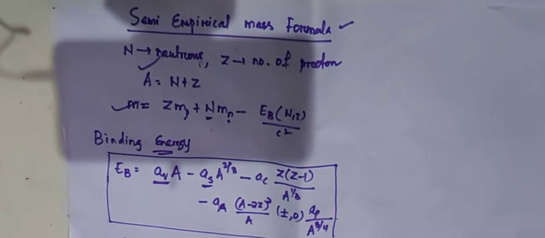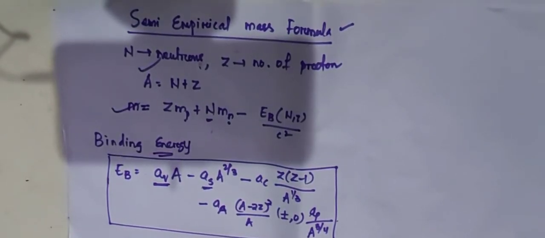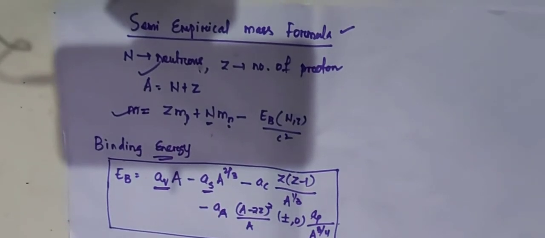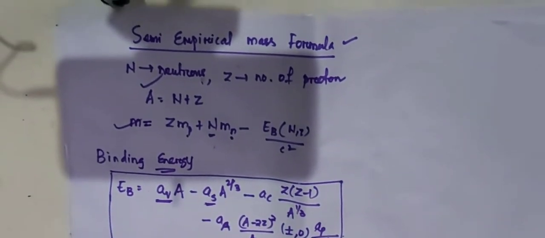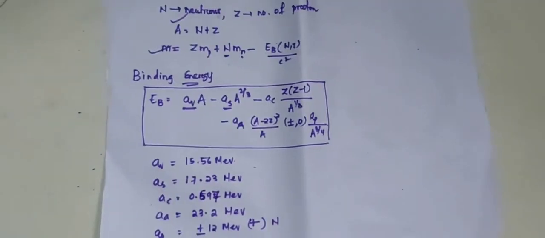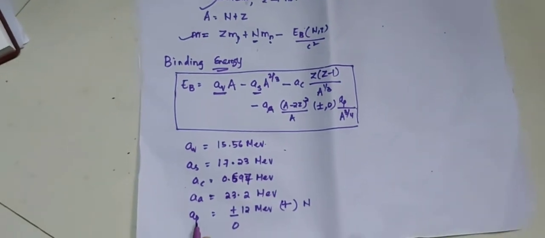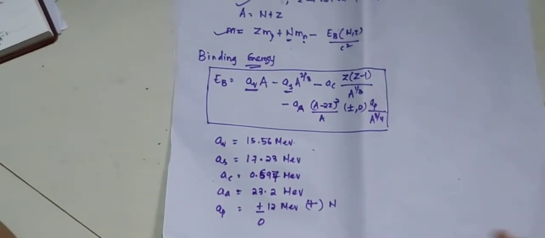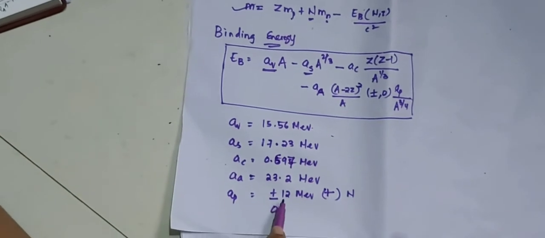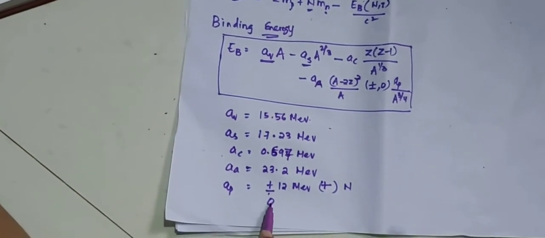The pairing energy term is equal to plus or minus 12 MeV, or equal to 0.